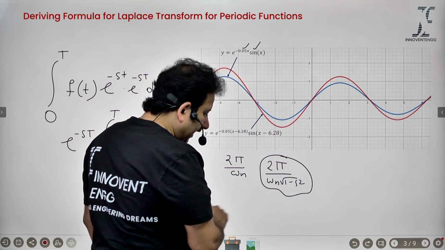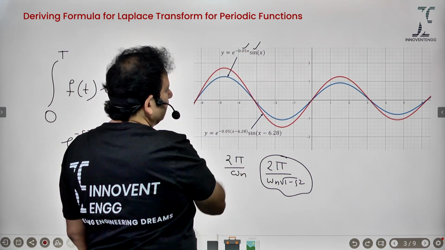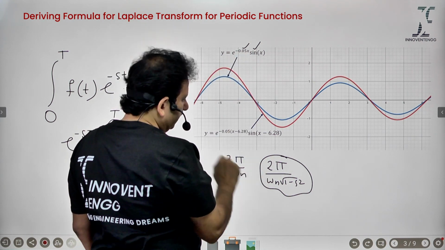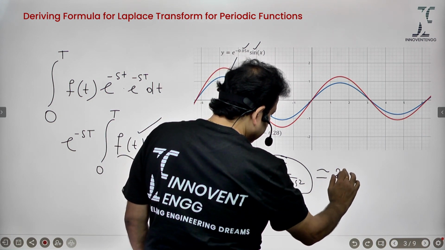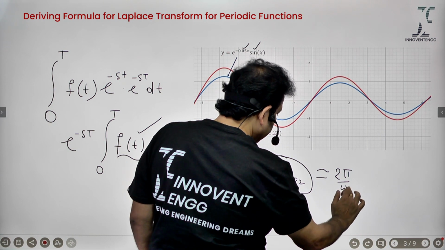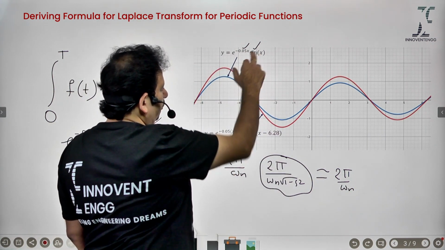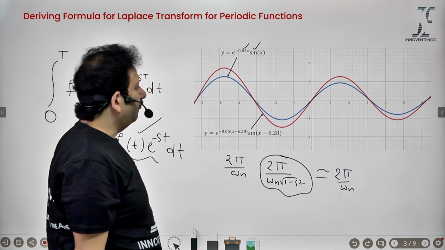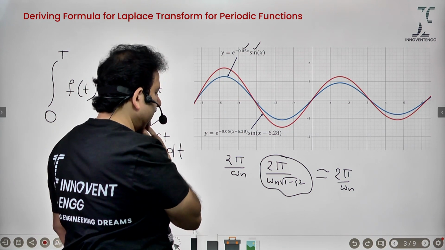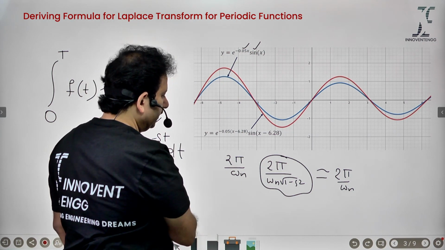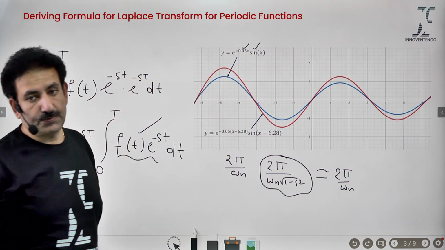When zeta, which is the damping ratio, is made very, very small, assuming it to be very, very small, the period is approximately 2 pi by omega n. So the period almost remains 2 pi, because here omega n is assumed to be 1, almost 1, because here also the damped frequency is almost equal to omega n, because your damping ratio is very, very small.